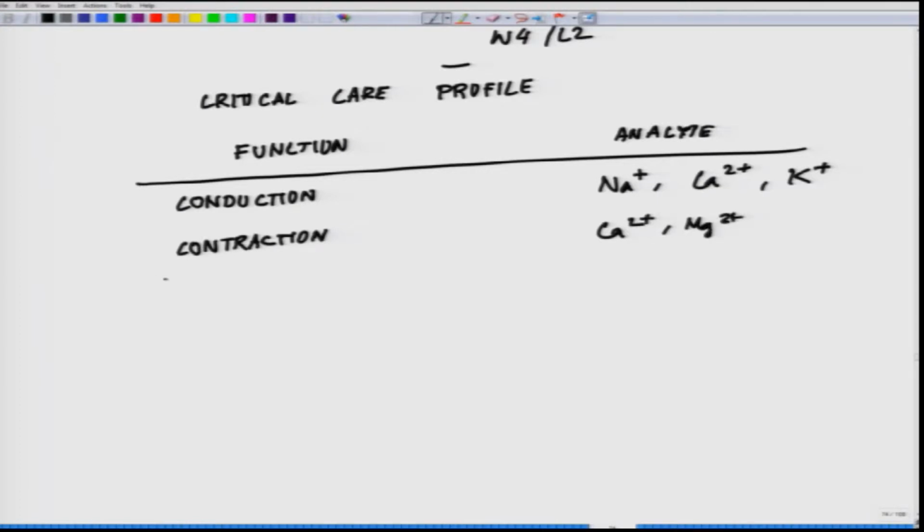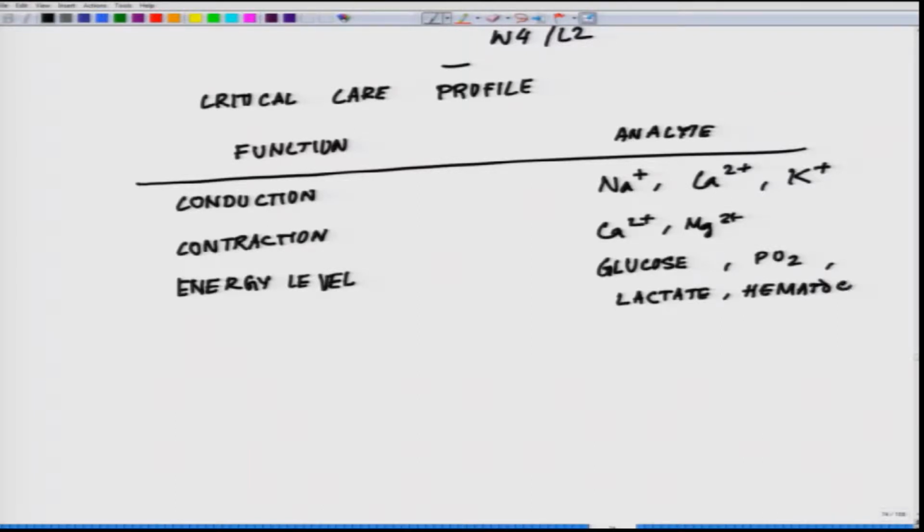Okay. Now, we talk about energy metabolism or energy level. When you look at energy level, we look at glucose, oxygen, lactate, hematocrit. Okay.